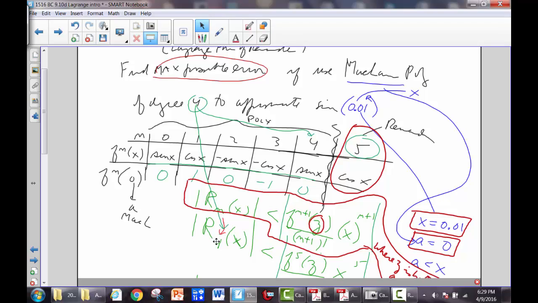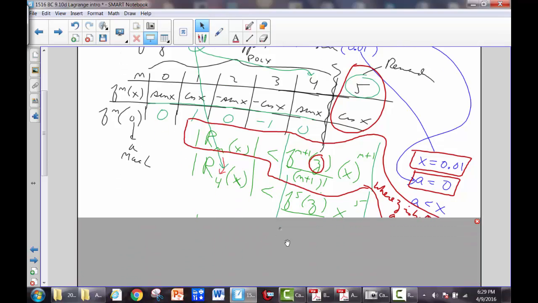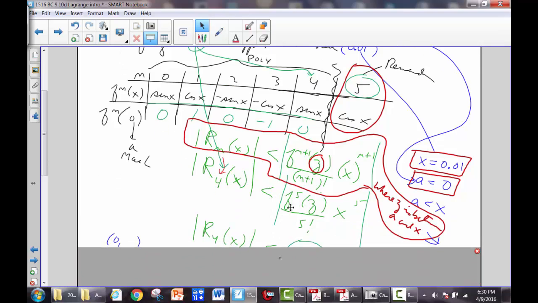But since we're using the first 4 terms, the maximum error will be less than the 5th derivative because we went to the 4th derivative. Now the reason you're going to need the table is you're going to need to know what the 5th derivative is, okay? So it's the 5th derivative at z, where z is between a and x, which in our case is between 0 and 0.01.